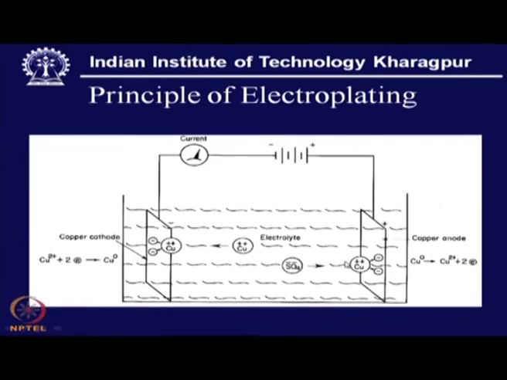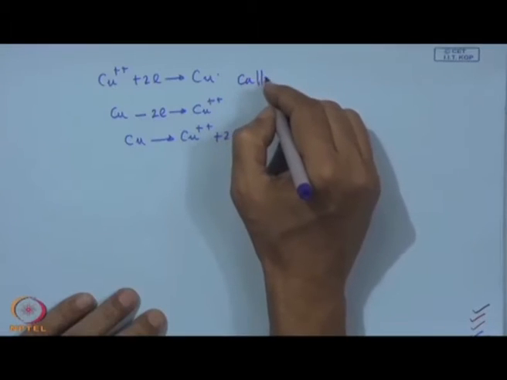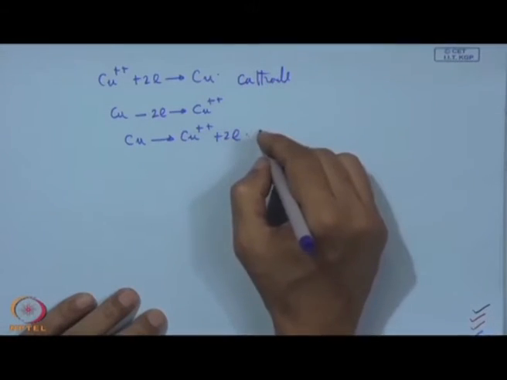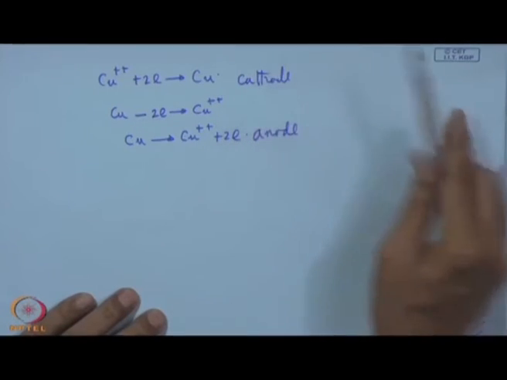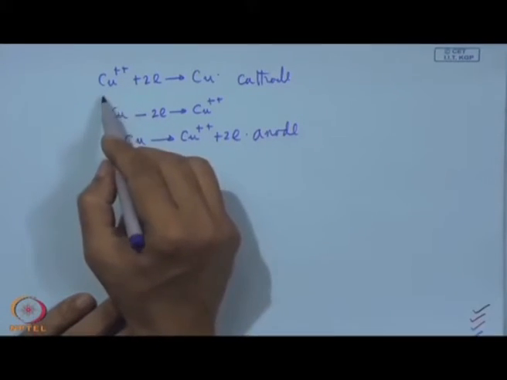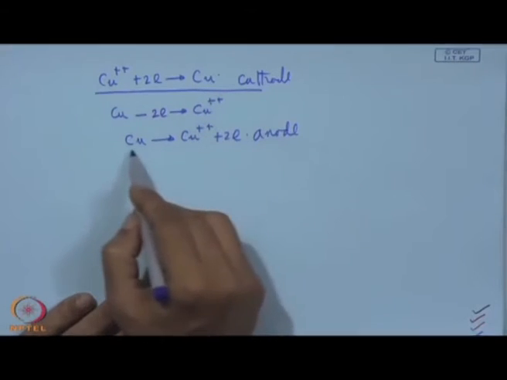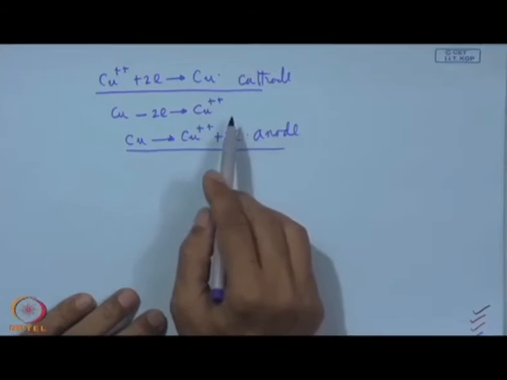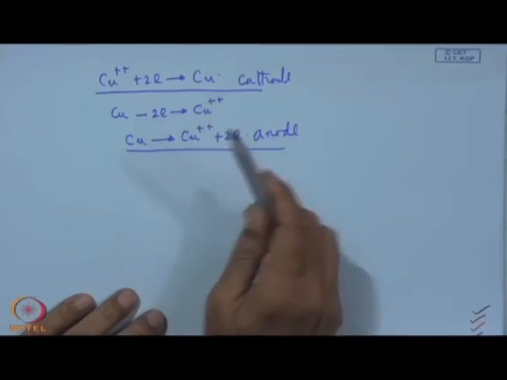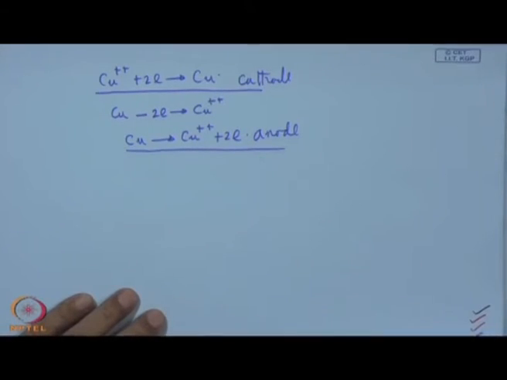So, this is on the cathode and this is on the anode. So, both the things. Here, this is a reduction reaction and this is an oxidation reaction. Both are taking place simultaneously, and this way we can have electrodeposition over this surface.